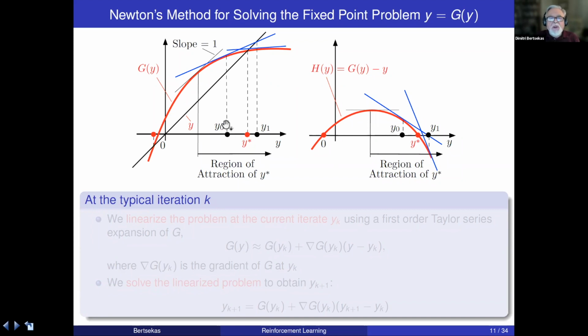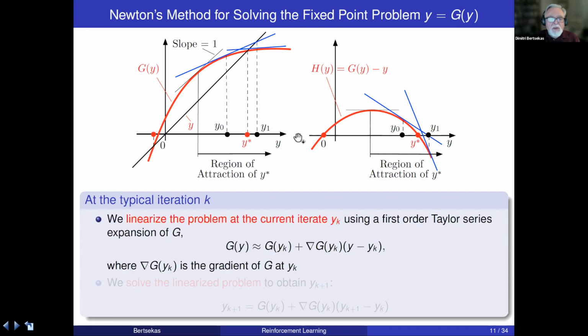Newton's method works by solving linearized fixed point problems. At the starting point, it finds a linearization of the g operator at that point, then solves the linearized fixed point problem to obtain the new point y1, then linearize again, and so on. So here it is. At the current iterate, yk, the typical iterate, we linearize the problem by using a first-order Taylor series expansion of g.